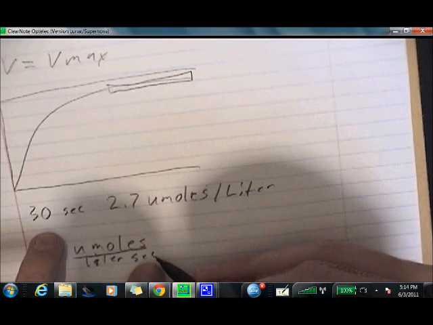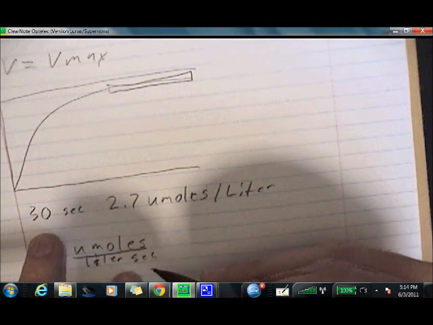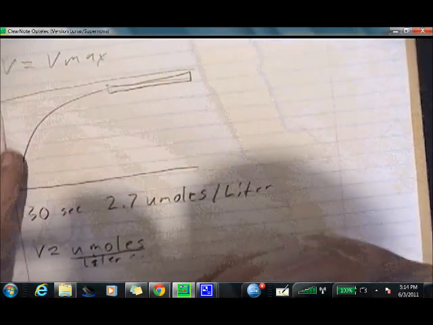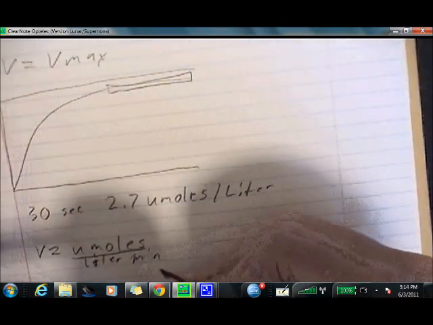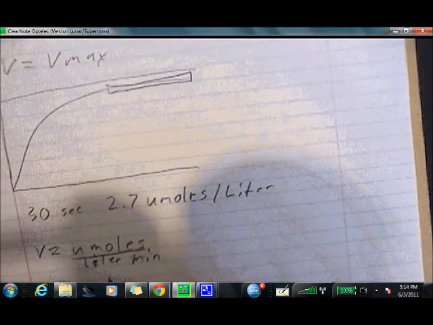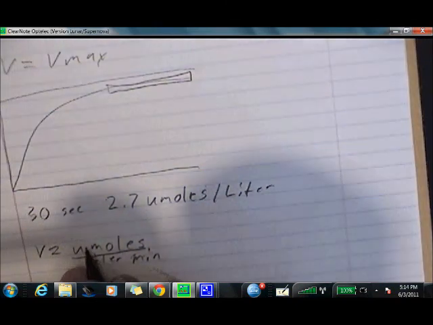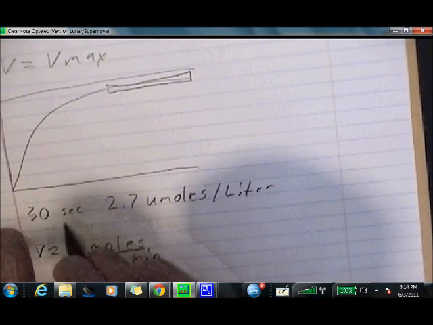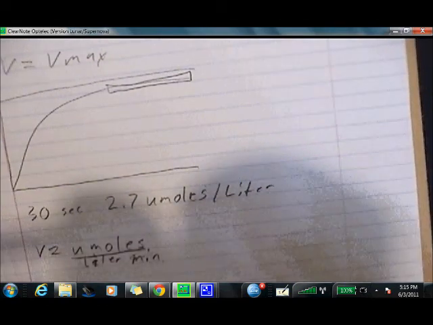I'm going to convert this into minutes just because I'm more comfortable. You can have it in seconds, but for me, I like minutes. So all you're going to have to do is just convert. You take this and divide it by this to get your appropriate units.